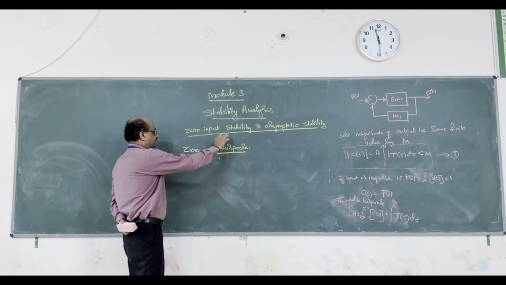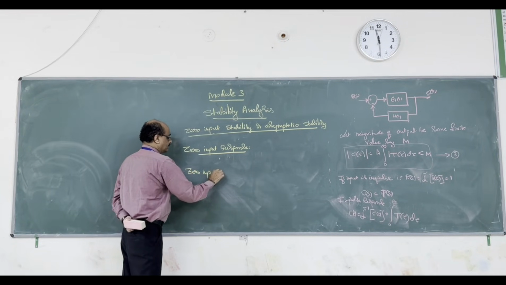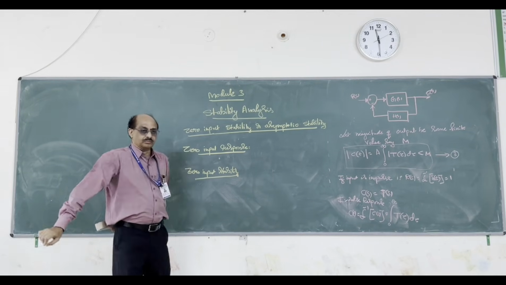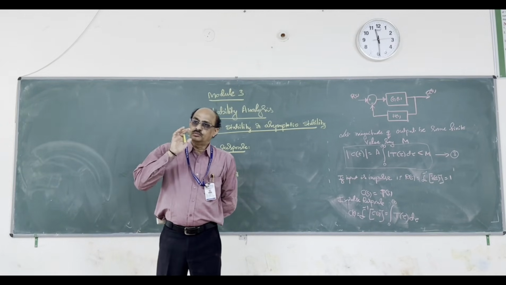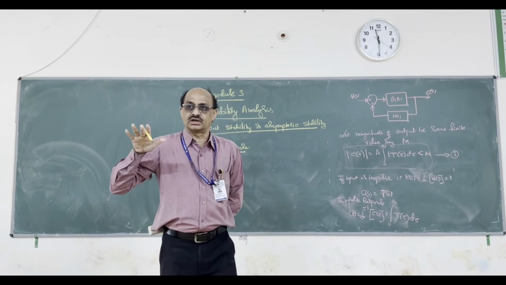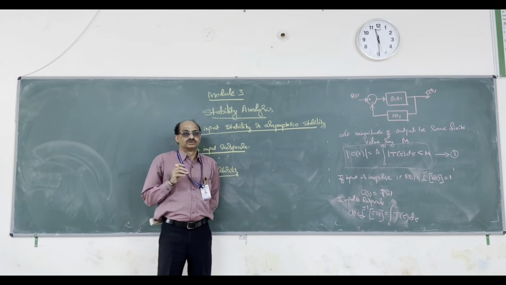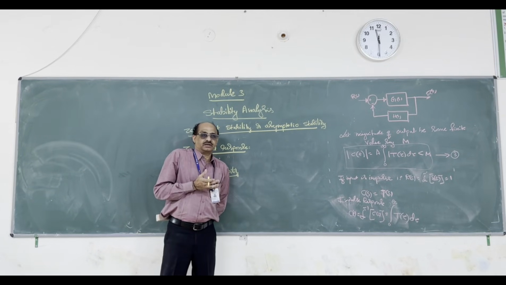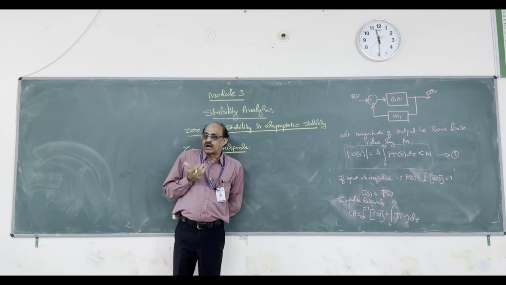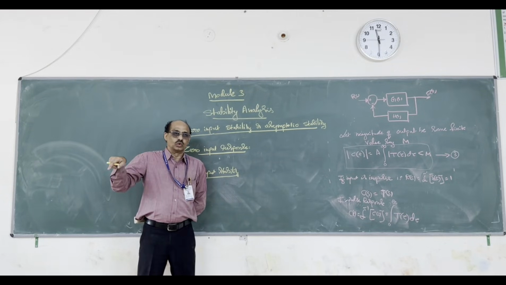Next we come to the definition of zero input stability. When the input to the system is zero and the response is only because of initial conditions, then we expect the response to die out after a short period of time, to decay towards zero, that is, as time t tends to infinity, the response must go to zero.